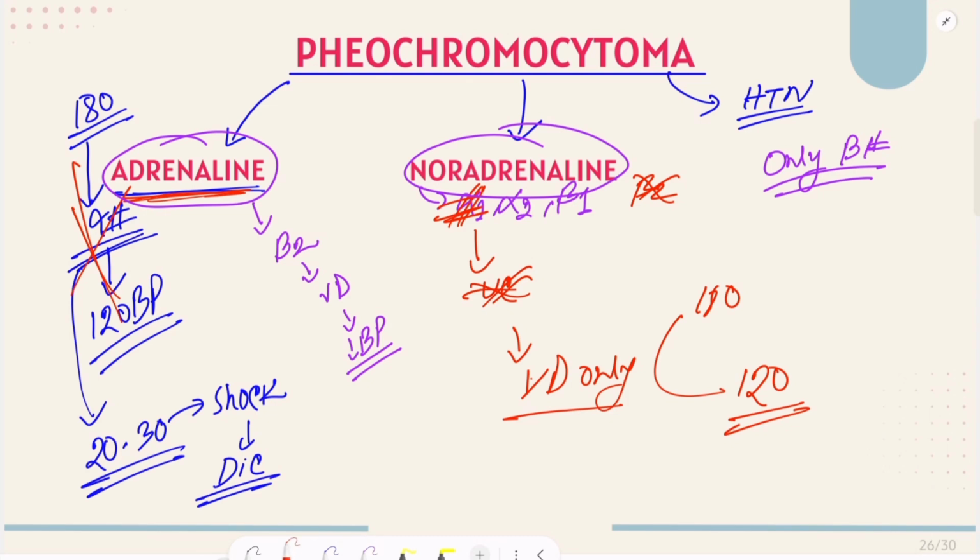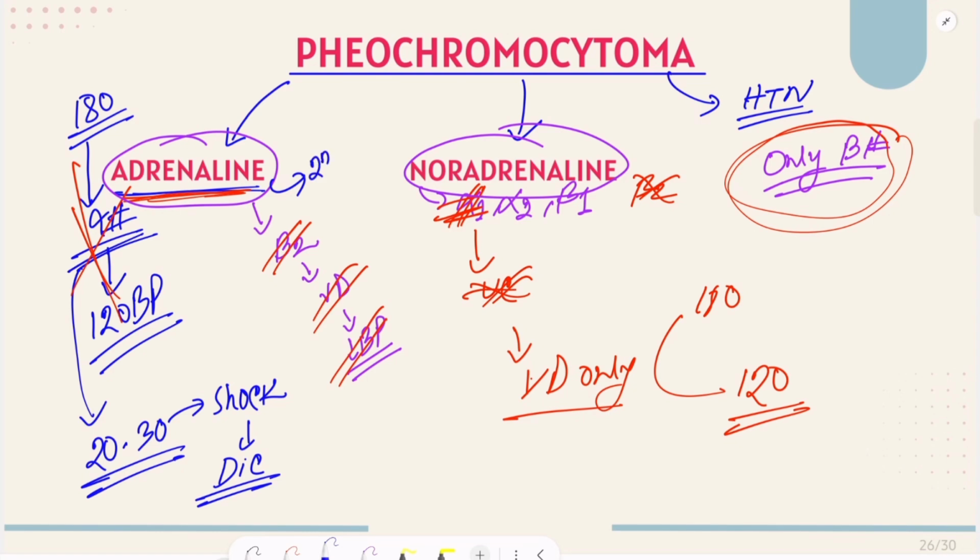But if we block this beta receptor by giving a beta blocker, this vasodilation will not be provided. So the response will be more devastating as there is no opposing effect. This vasoconstriction will lead to, suppose, 220 mmHg pressure, and this will lead to immediate cerebral artery rupture and stroke of the patient. So using a beta blocker alone in an adrenaline producing tumor is also very risky.